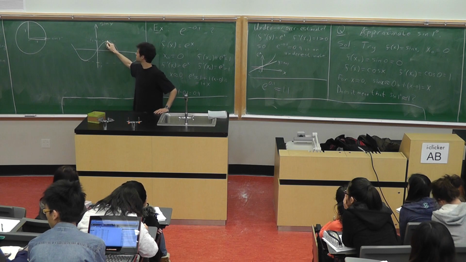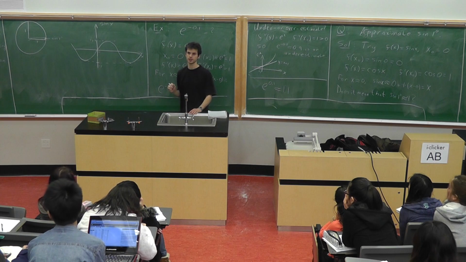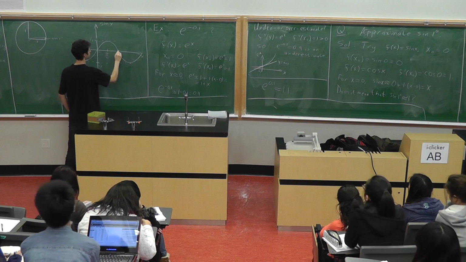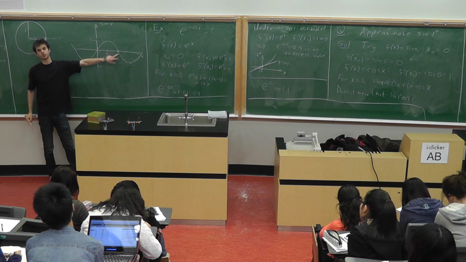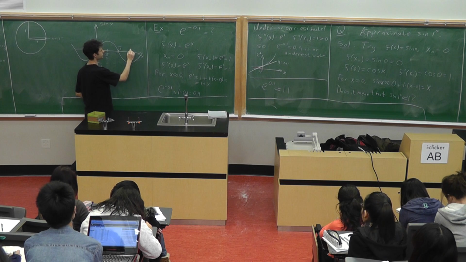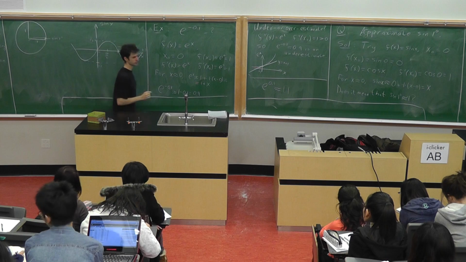At what point is the sine equal to 1? Where is the peak of sine? Pi by 2. Yes, 90 degrees. Next one, where does it cross the x line? Pi. Next one, 3 pi over 2. And finally, at 2 pi, it returns back.